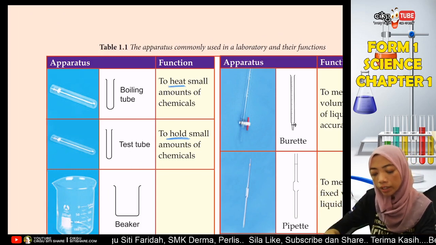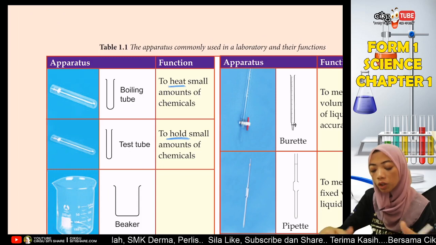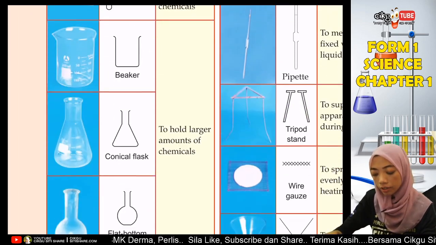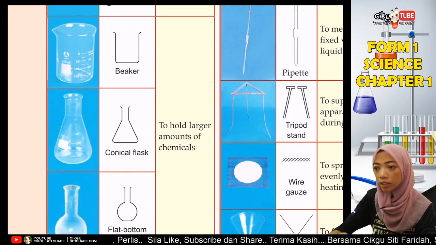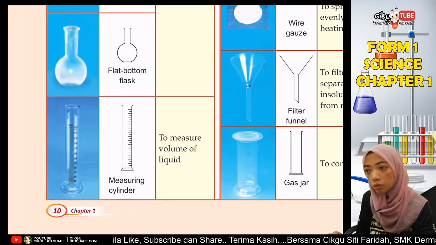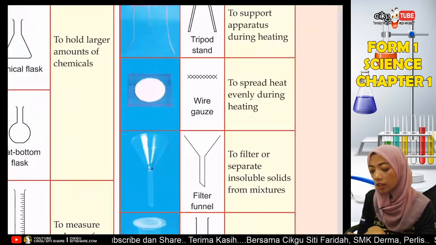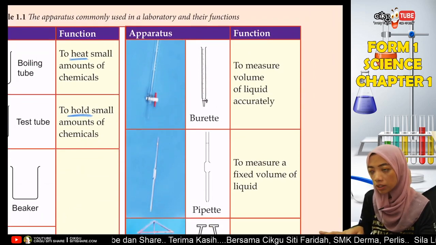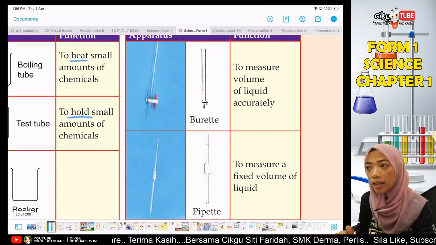And this is not for measuring. Measuring means we know what is the volume of liquid. To hold larger amounts of chemical, we can use beaker, conical flask, flat bottom flask. To measure volume of liquid, we have measuring cylinder. And there are two other apparatus that we commonly use, burette and pipette.